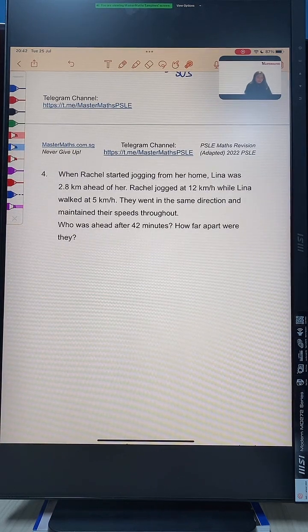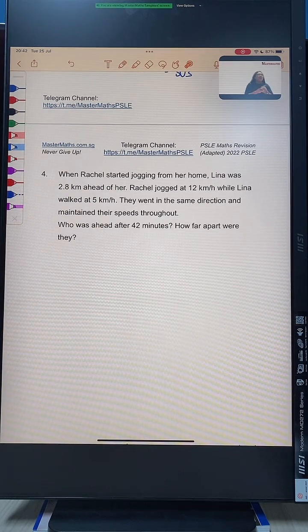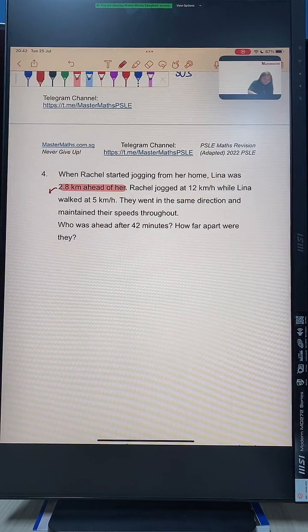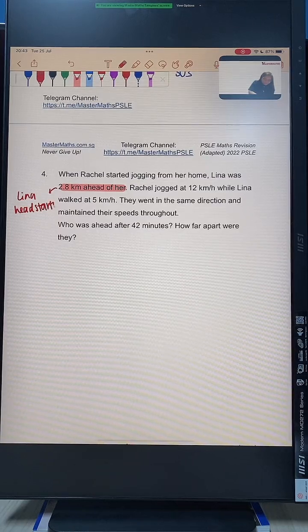For question number 4, let's take a look. When Rachel started jogging from her home, Lena was 2.8 kilometers ahead of her. So we see this phrase here, ahead of her. This tells us that Lena has a head start. Then we are told the speeds for both of the girls.